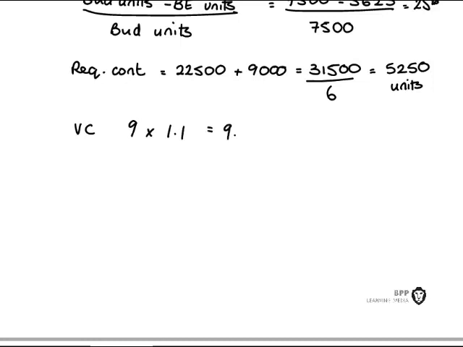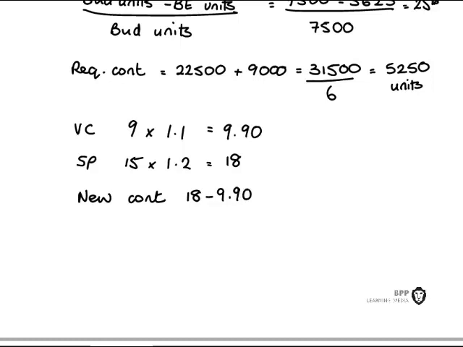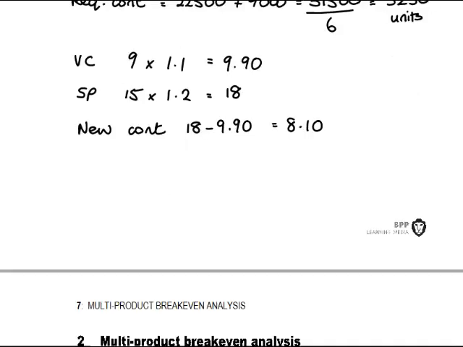So that will now be $9.90. The selling price, 15, is going to go up by 20%. So that will go up to $18. And therefore the new contribution is going to be 18 minus $9.90, which will be $8.10.